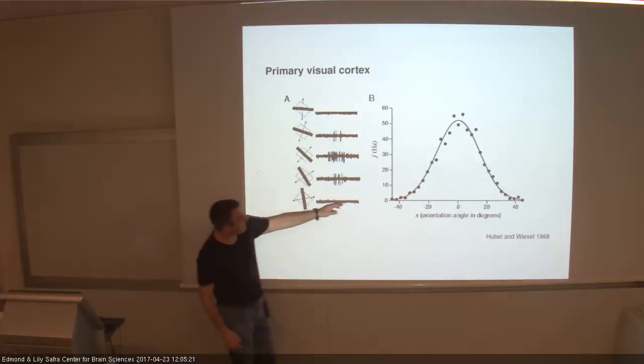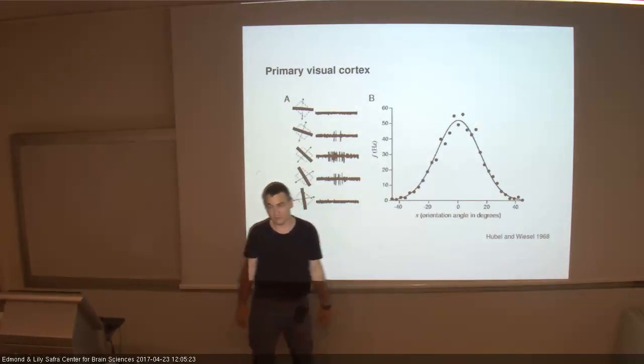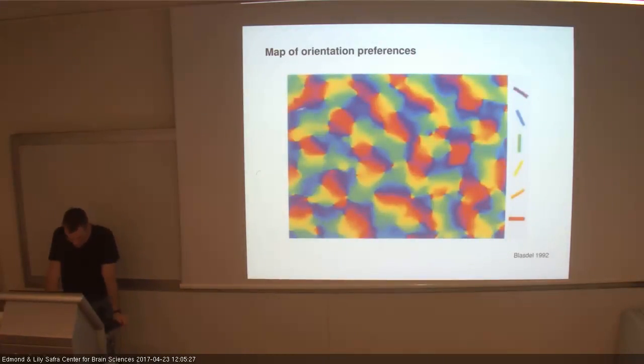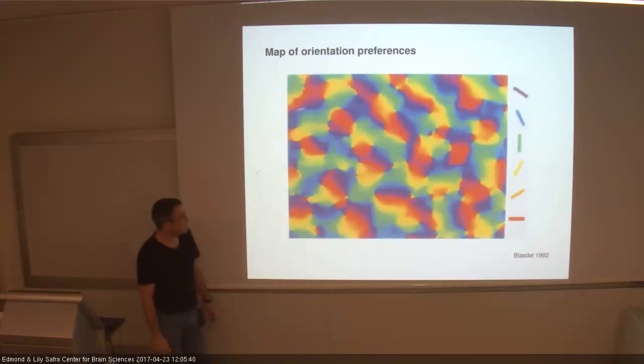There's another nice way of looking at the population in the primary visual cortex. What is presented here is a response of a population of neurons, using, I think, the technique of voltage sensitive dyes.